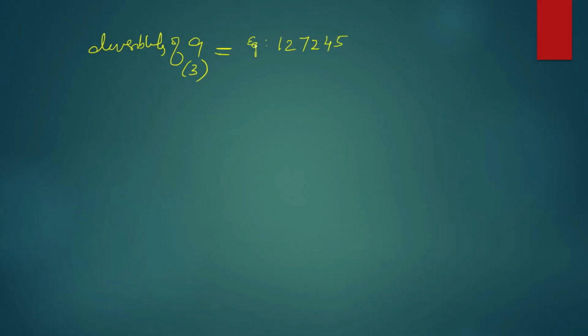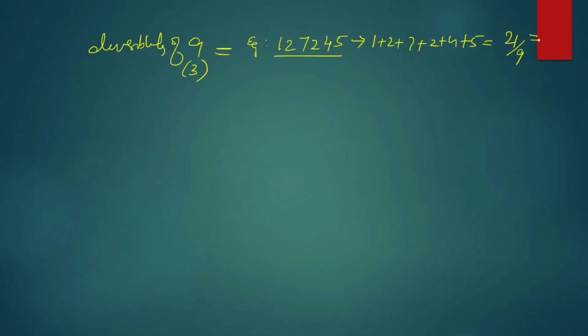Like 3, we have to add the individual digits: 1 plus 2 plus 7 plus 2 plus 4 plus 5, and you will get the answer 21. And you have to check whether the sum is divisible by 9.